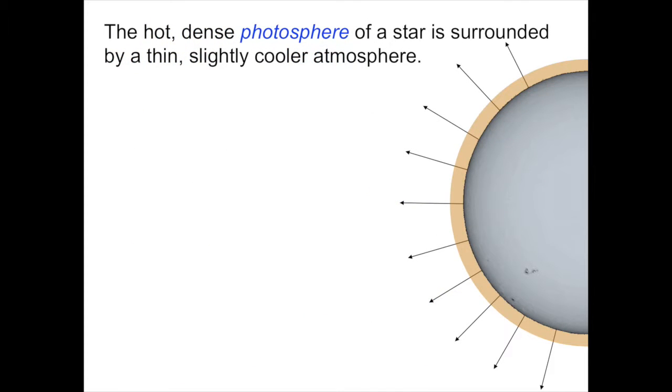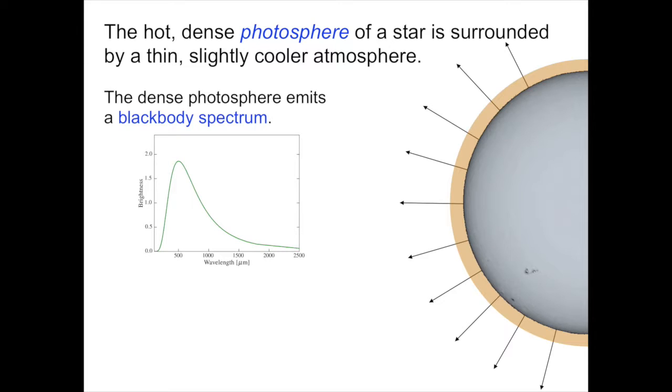The hot, dense photosphere that we characterize by a blackbody spectrum is not all there is to the star. The star actually doesn't have a solid surface. The atmosphere of the star can extend quite a ways out into space. And it's this thin, slightly cooler atmosphere that gives rise to the absorption spectrum. The dense photosphere emits a blackbody spectrum, as shown by the green curve here, representing the blackbody curve for the Sun.